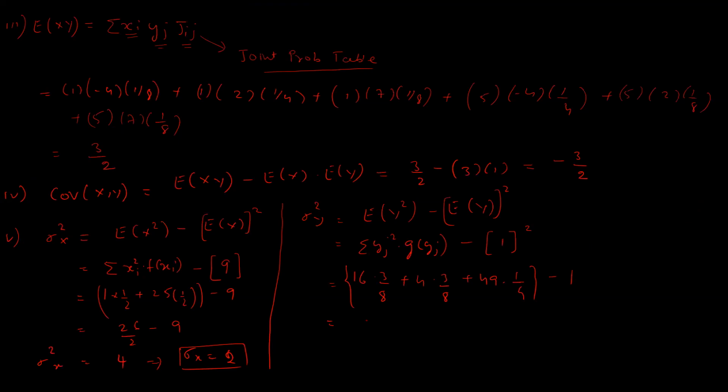So when you solve this completely, you will get 75 by 4 with minus 1 also. So this is the sigma square of y. So this implies your sigma y will be square root of 75 by 4. Correct? Any doubt in this?